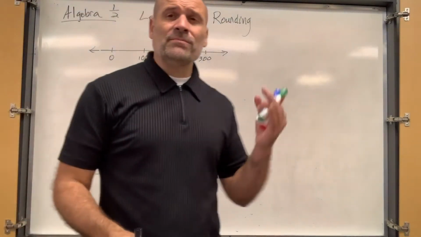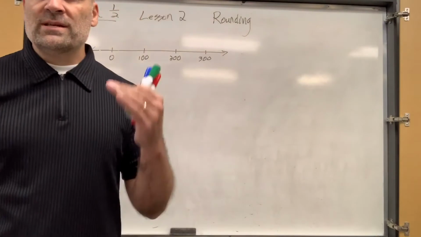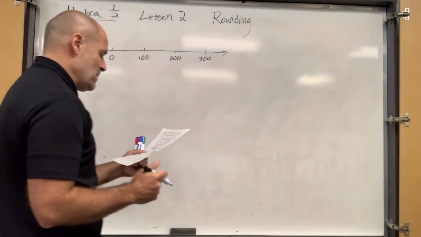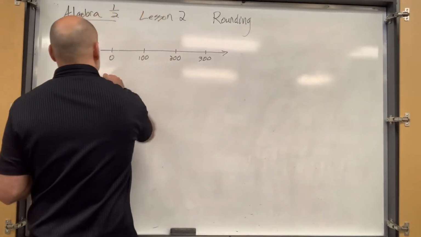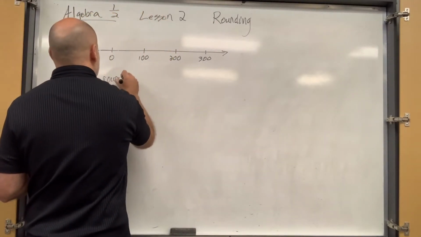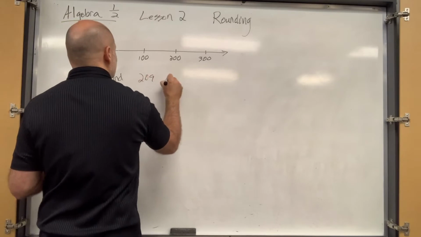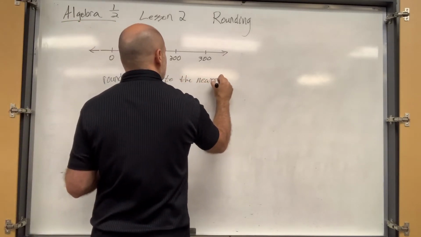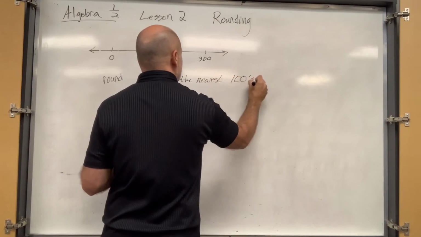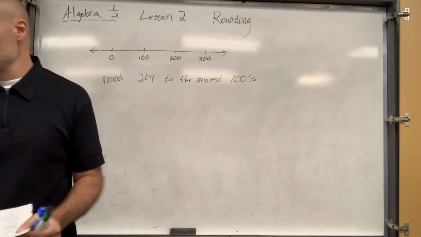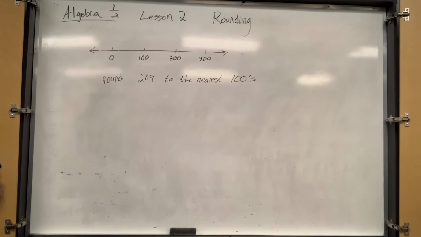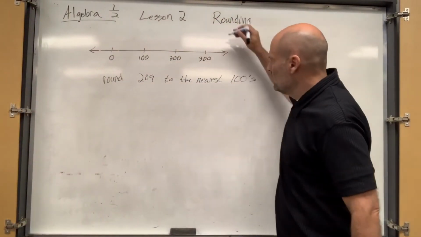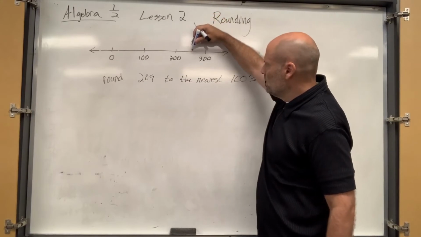So for example, if I say I want to round 209 to the nearest hundreds, 200. And where would you put that on the number line? If I were to graph it, where would I put a dot? Describe how I would put it. You just put it a little to the right of 200.